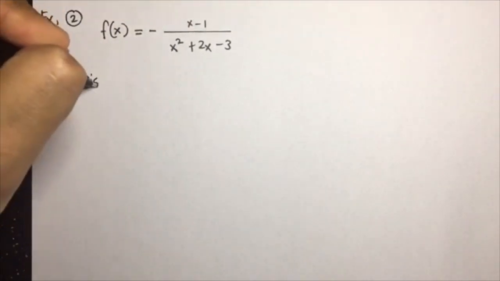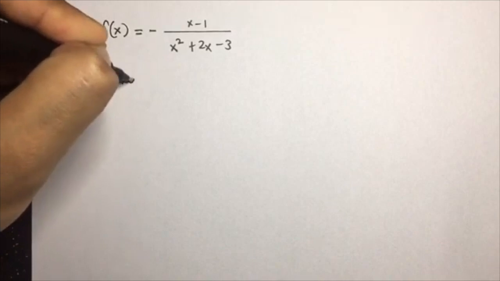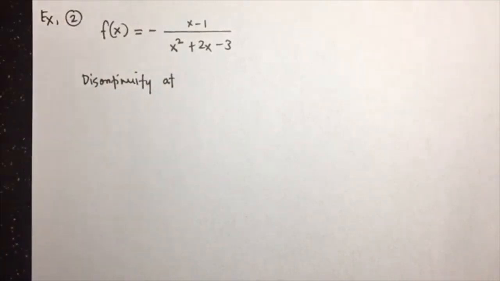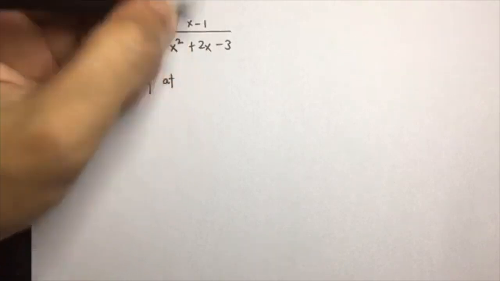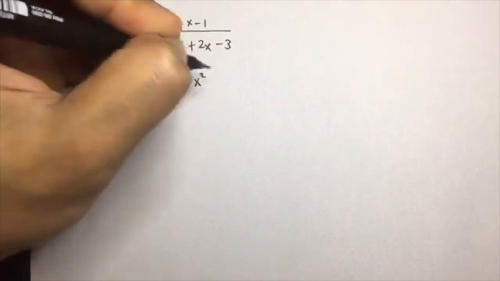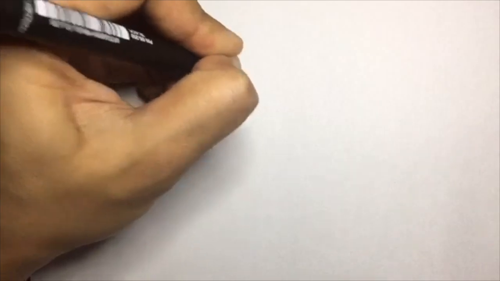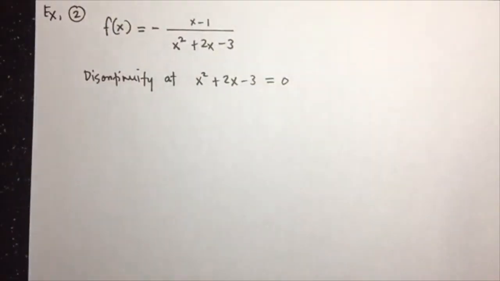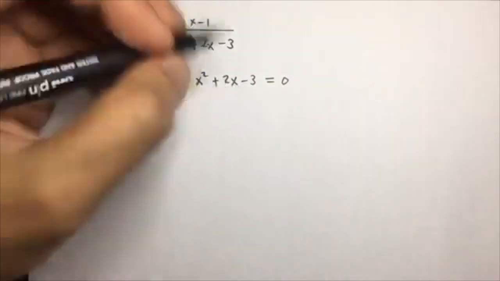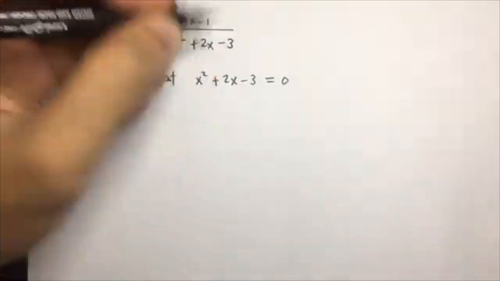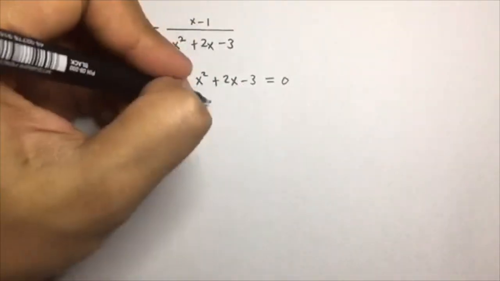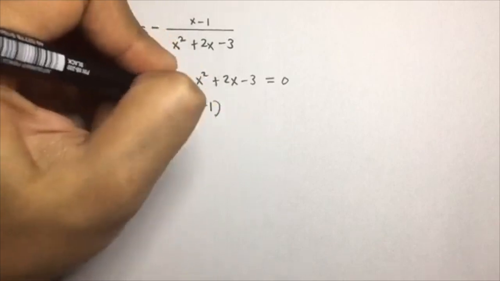So discontinuity at x squared plus 2x minus 3 is equal to 0. Okay, so next what we need to do is solve for the roots. So the roots, we factor this one. So this is x minus 1 and x plus 3.